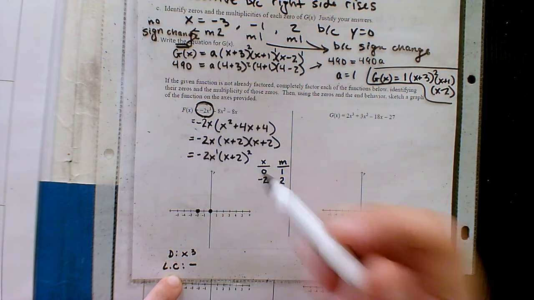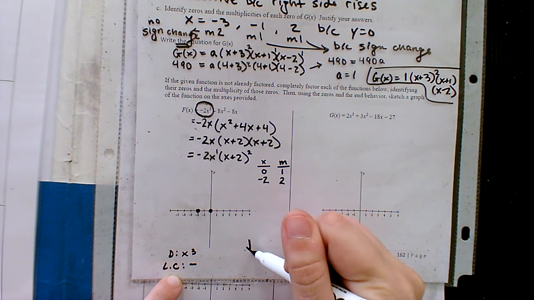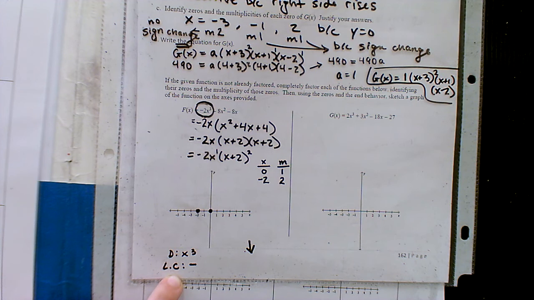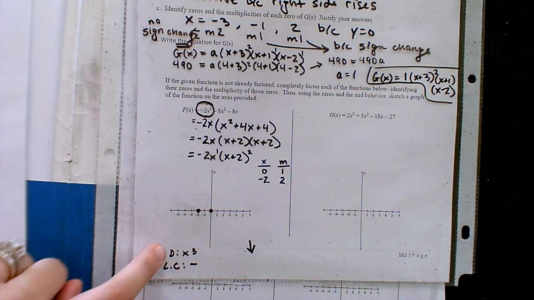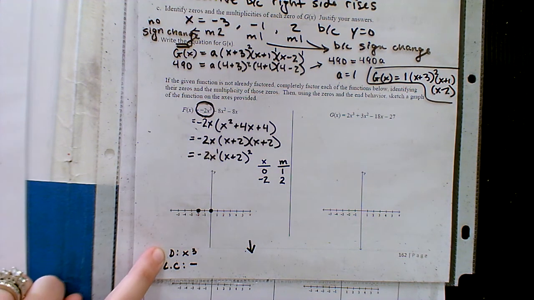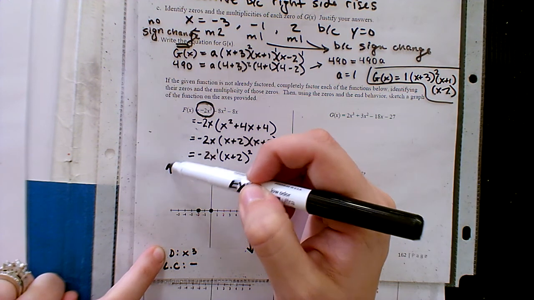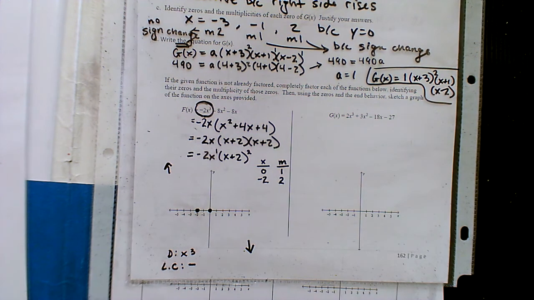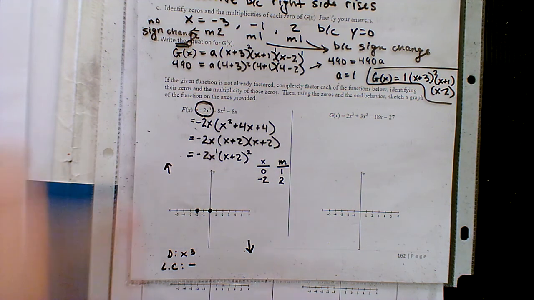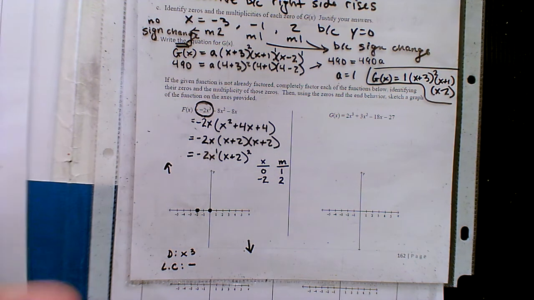Go ahead, Alicia. Right end behavior falls. Okay, so I'm going to put a little arrow on the right-hand side that's going down. And if the degree is odd, we know that the other side, in this case the left-hand side, should be opposite. So it will be going up.